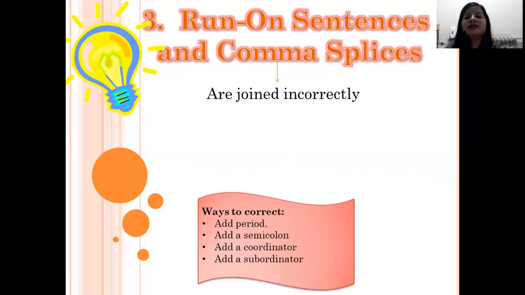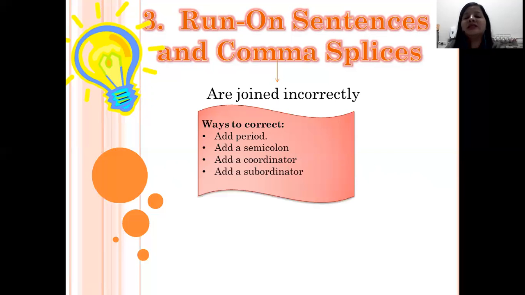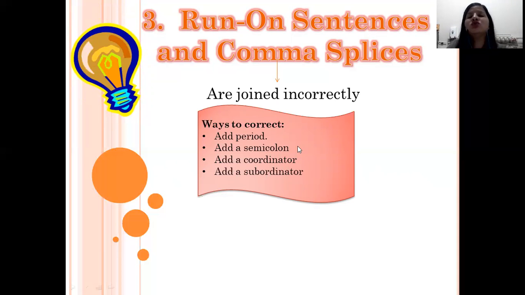A correct sentence should have a period, a semicolon, a coordinator, or add a subordinator. So it is important to know that. When two or more independent clauses are run together with only a comma, this is a comma splice. And there are ways to avoid these common mistakes.